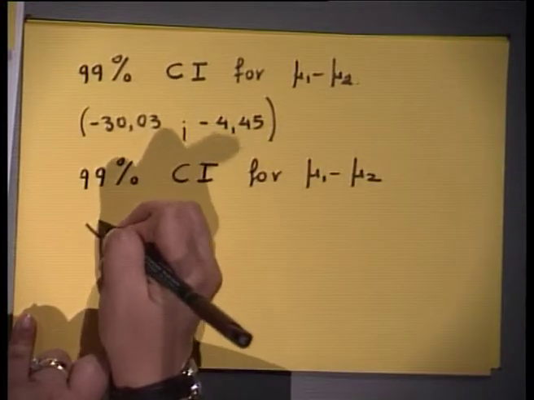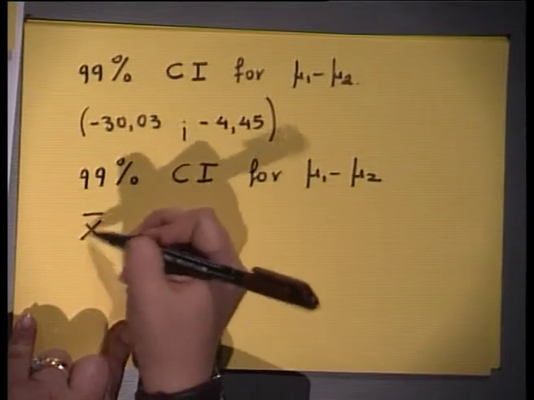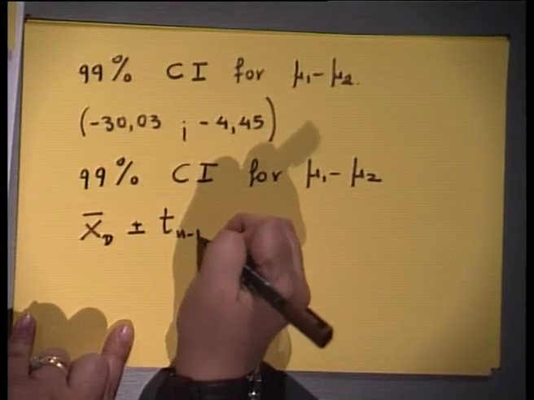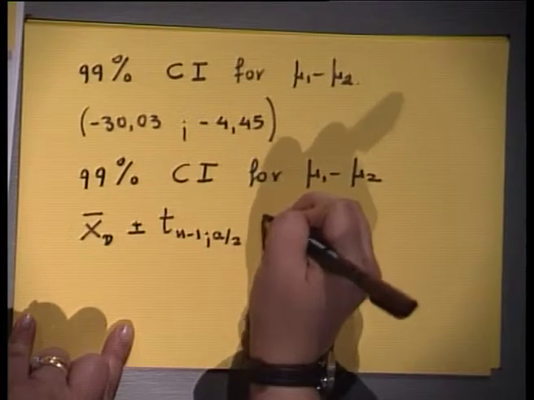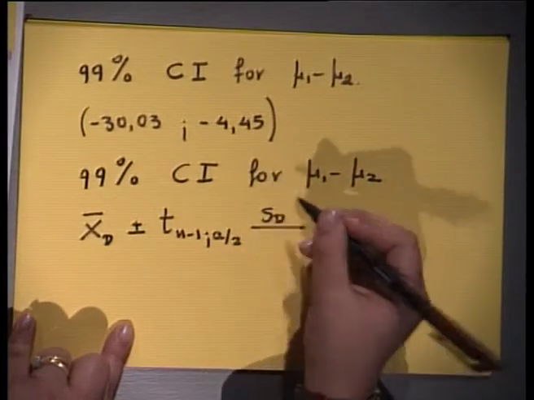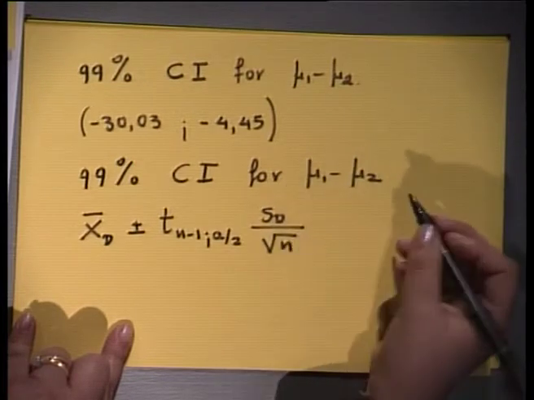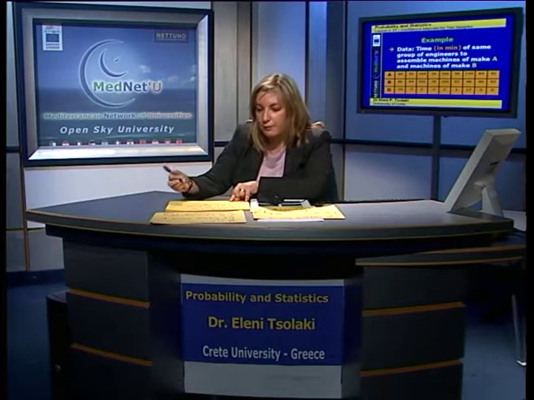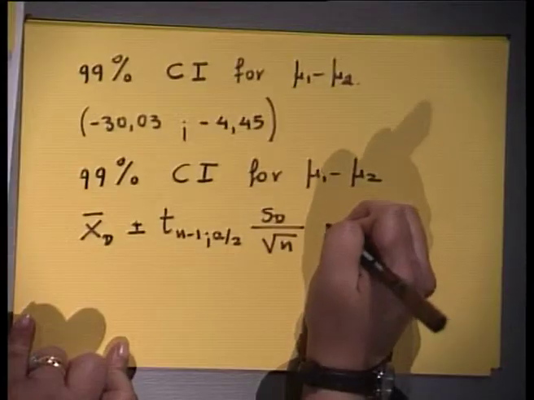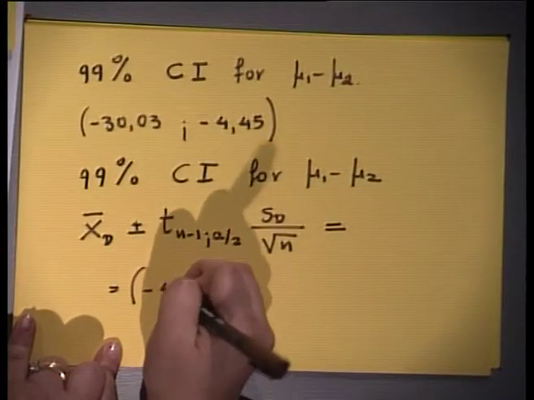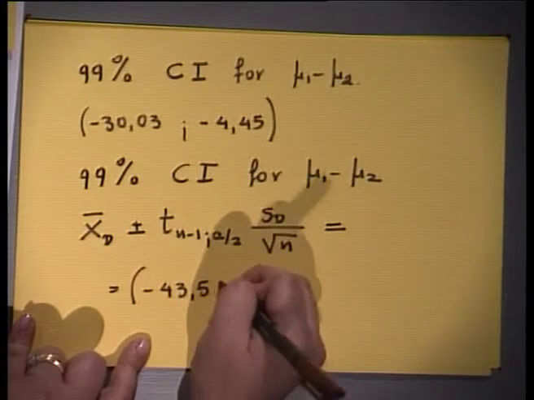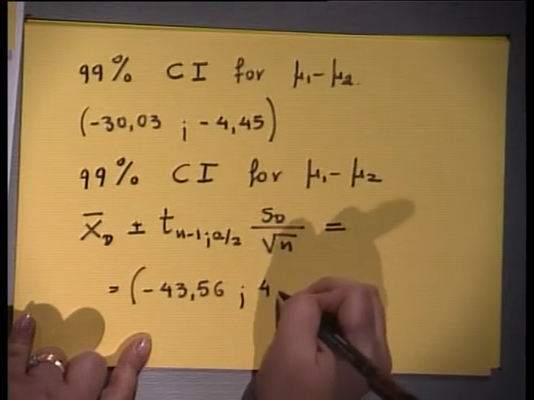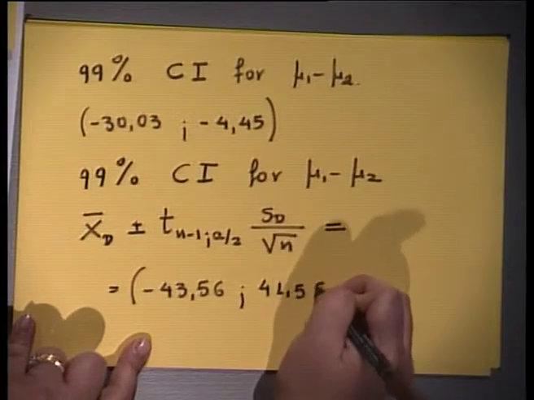We would have the sample mean for the differences, t distribution, and the sample standard deviation of the differences, and if we substitute the numbers and do the calculations, we find that the interval is minus 43.56 to 41.56.